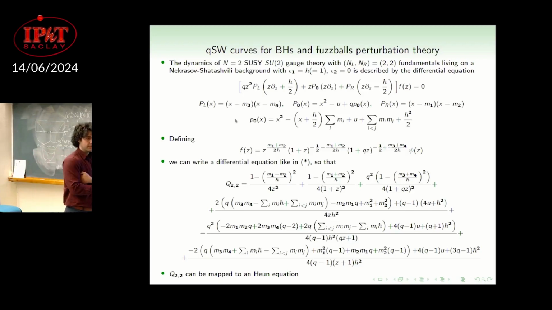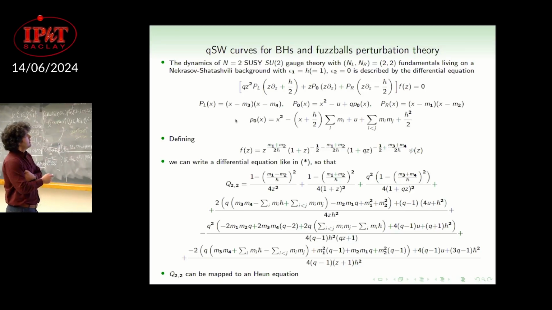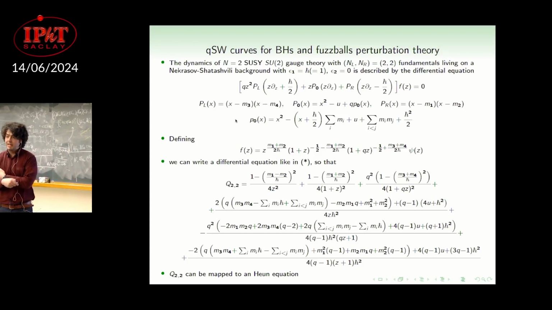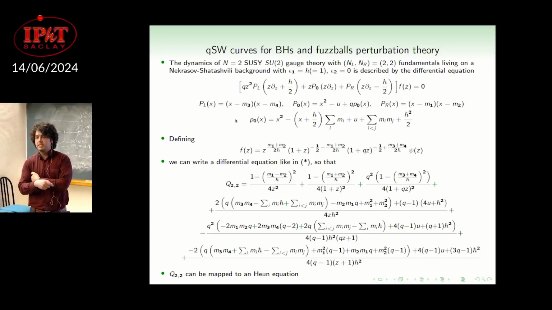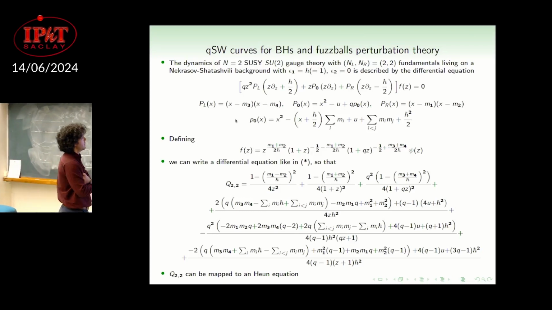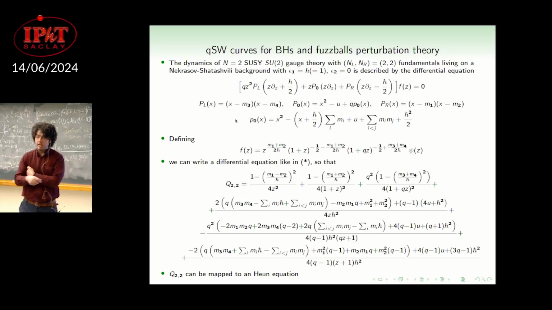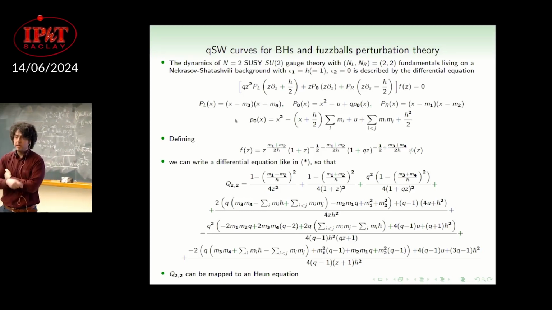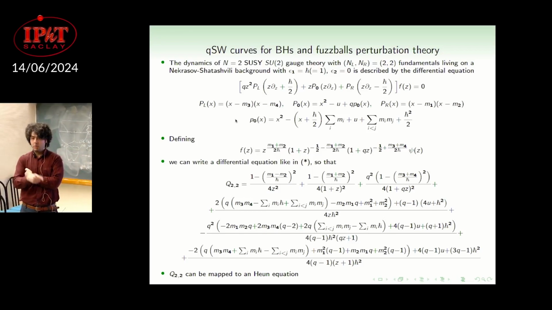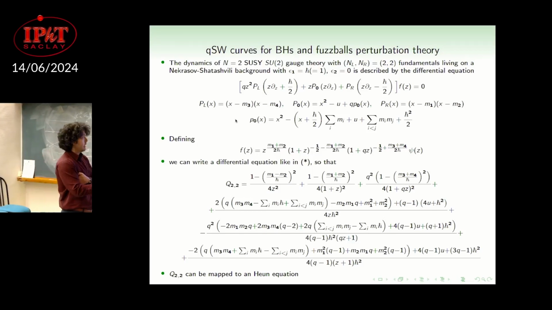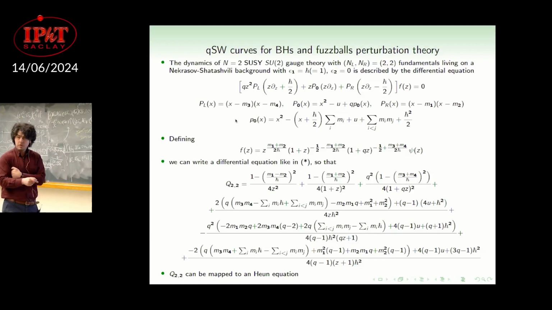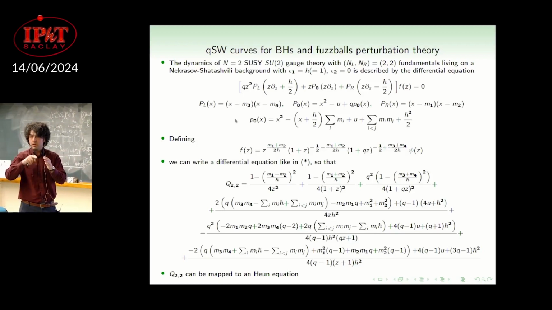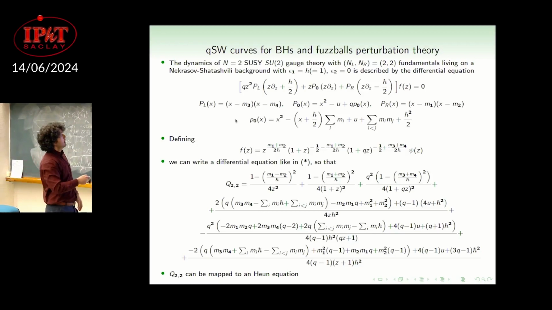As Francisco already said, you have to embed the classical curve in a non-commutative background, in the sense that the variables that I called before x and y are now operators with a commutation relation. In particular, the commutator of x with y is equal to h bar.